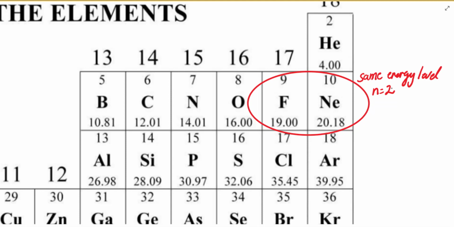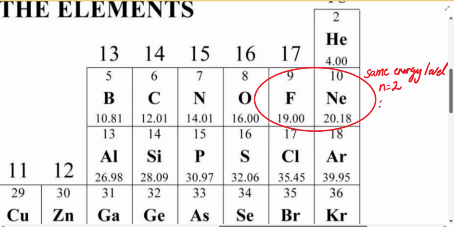And when I say this, I'm saying this loosely because it's not the same. But when you justify it using Coulomb's law, you're going to justify it whether or not it's on the same energy level or not. If it's on the same energy level, then the distances are essentially the same. So then we're going to focus on charge, nuclear charge.